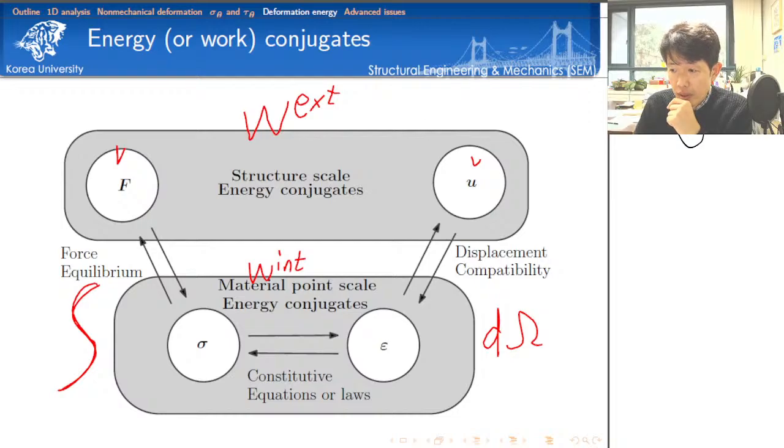For example, the first part here represents the work conjugate in the structural scale, which forms the external work. And then the second line represents a work conjugate, the work energy pair, which produces the internal work.